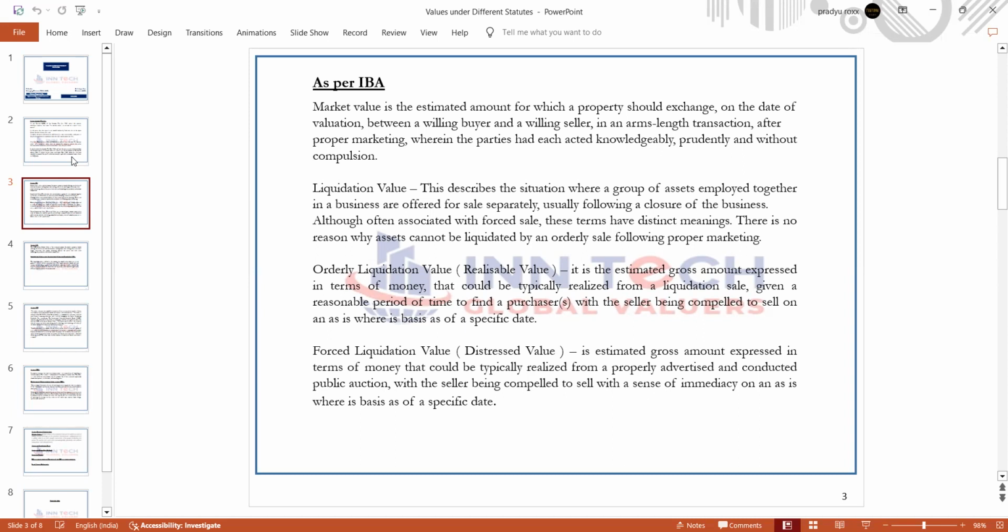They call them third party individuals, like valuers, advocates, and chartered accountants who do the third party assessment for the banks. They are all regulated by this IBA.